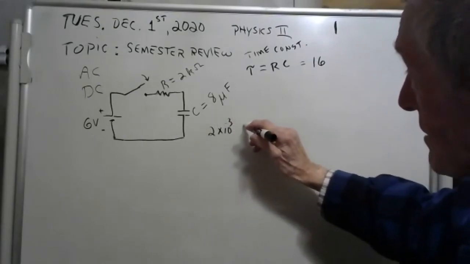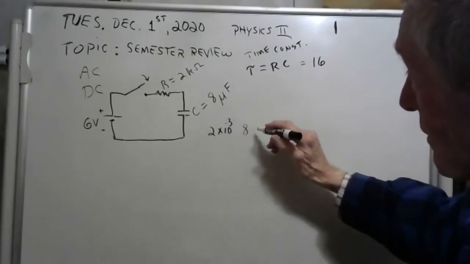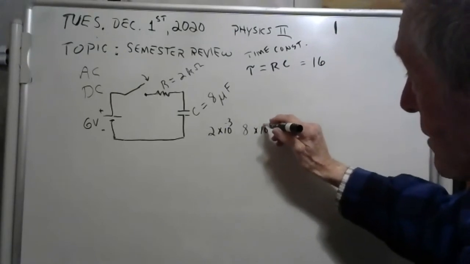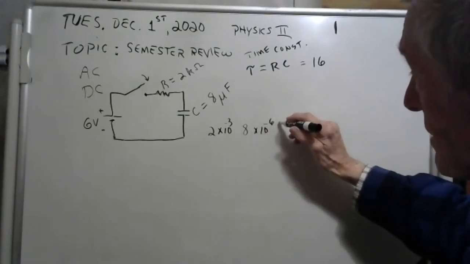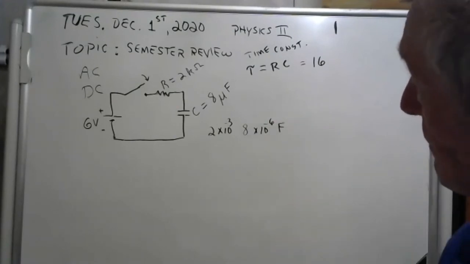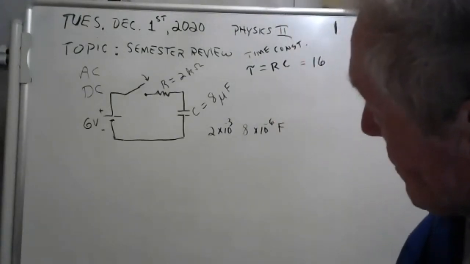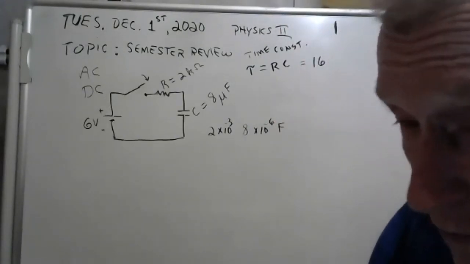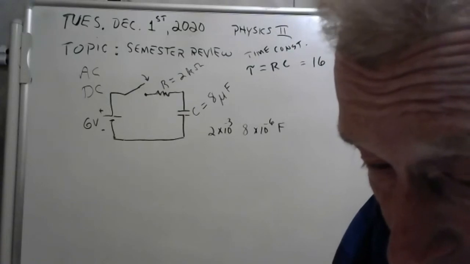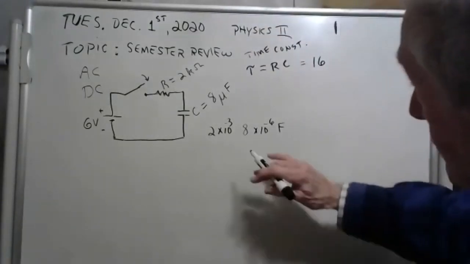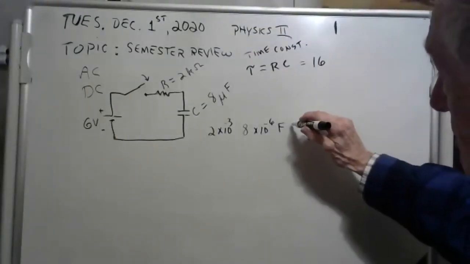Now that's 8 microfarads. That's times 10 to the minus 6 farads. Well, maybe you were right. Now, what did you say it was? You know what, Stephen? I think you were right, and I was wrong. It's 16.